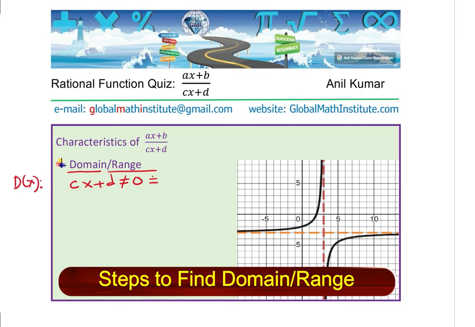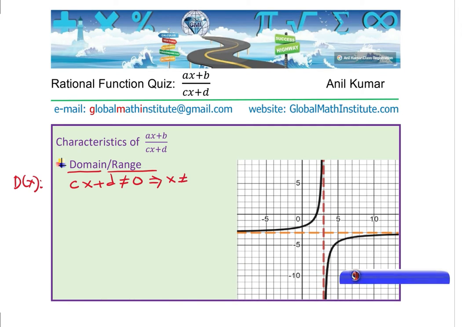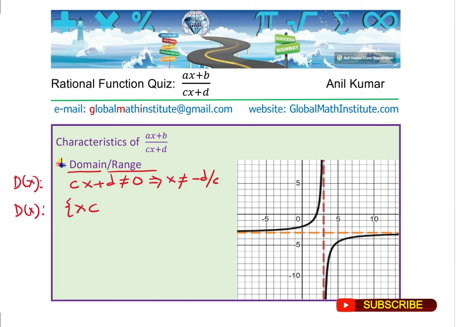And this implies that x should not be equal to minus d over c, which is our vertical asymptote, right? So we can write the domain for this particular function in general as x belongs to real numbers where x is not equal to the ratio minus d over c. Make sense?